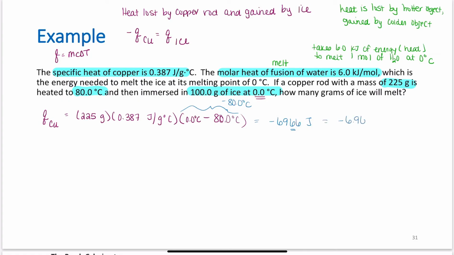Or 6.966, underline that 6, kilojoules. So that means that 6.97 kilojoules of heat was lost by the copper, which means that the heat gained by ice is positive 6.966 kilojoules.